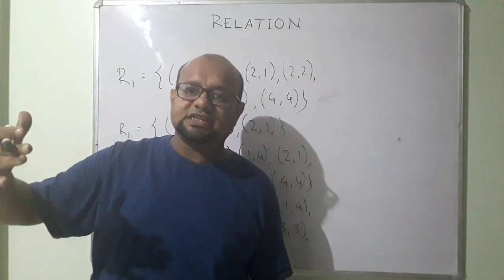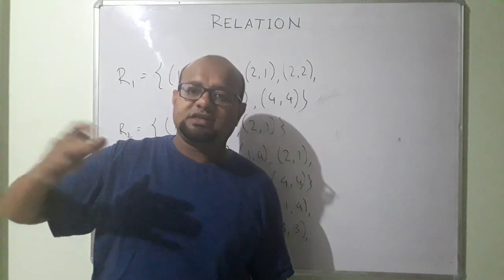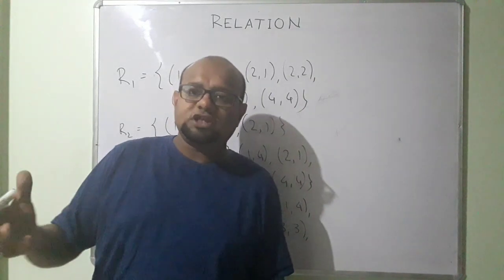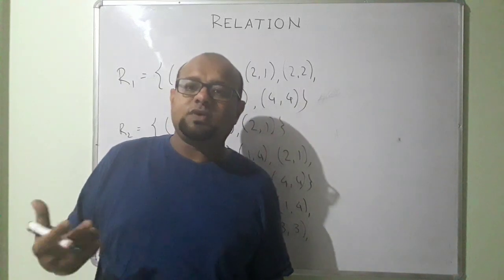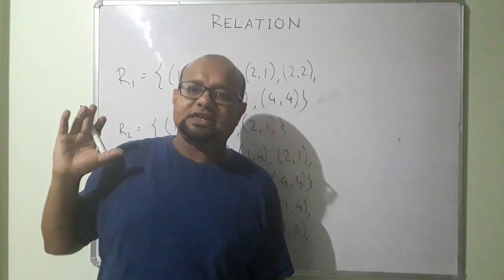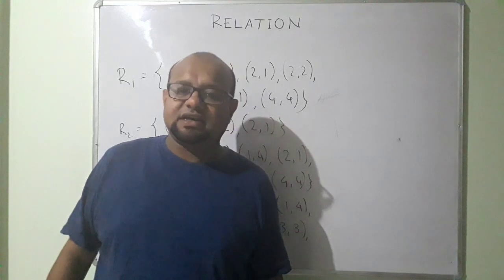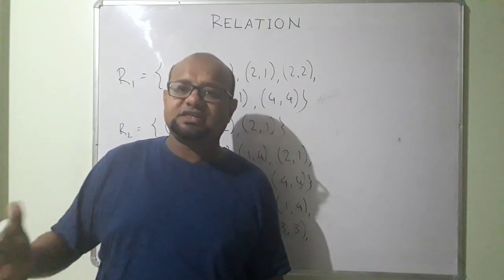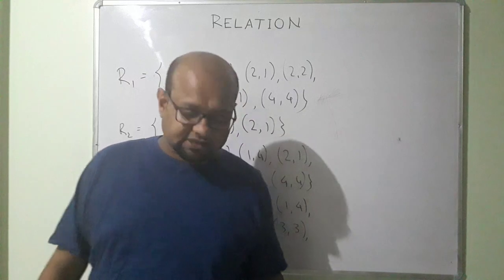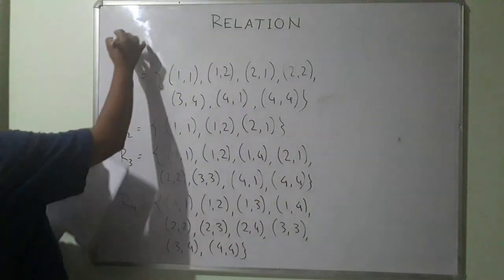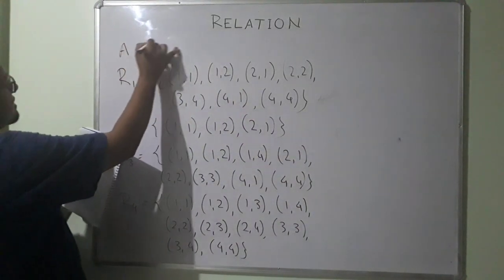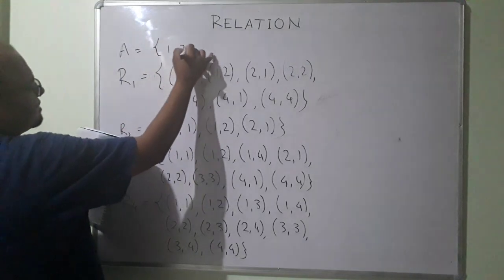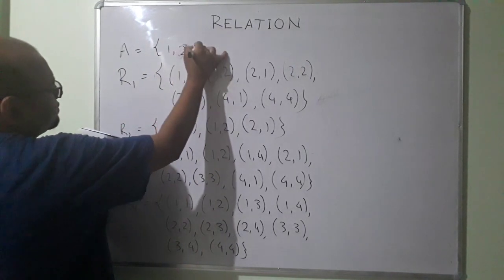But if the set consists of 4 elements, 1 2 3 4, then 4 4 is not there. So answering whether a relation satisfies some property without knowing what is in the set is meaningless. So my set is this set 1 2 3 4.